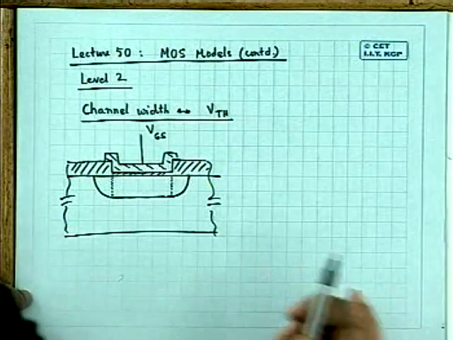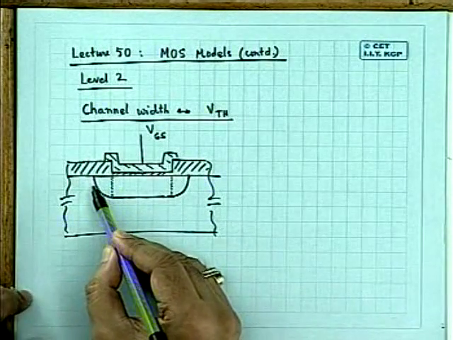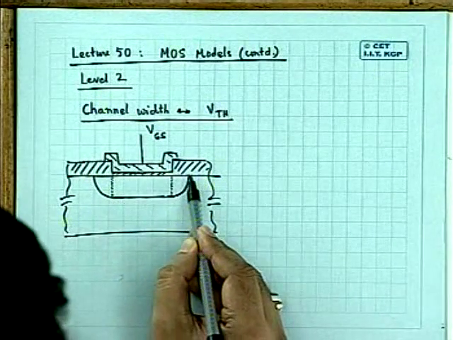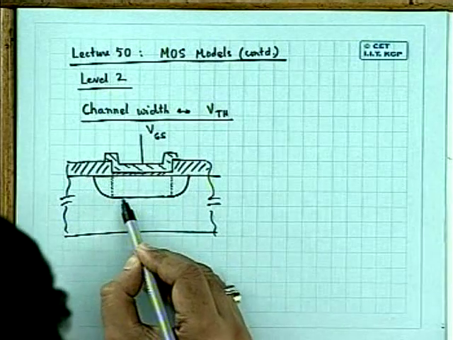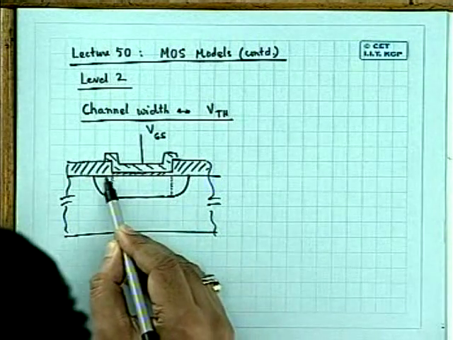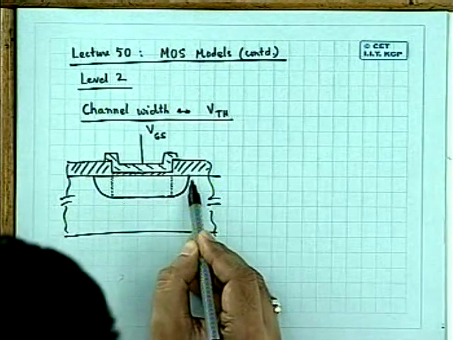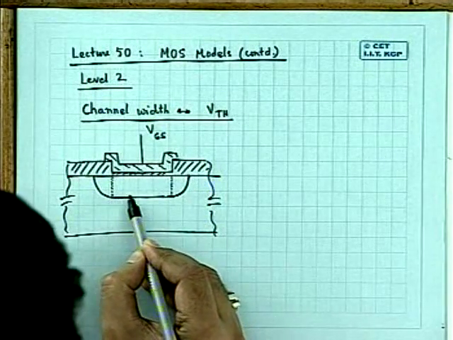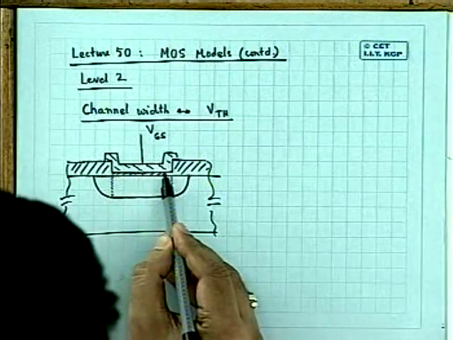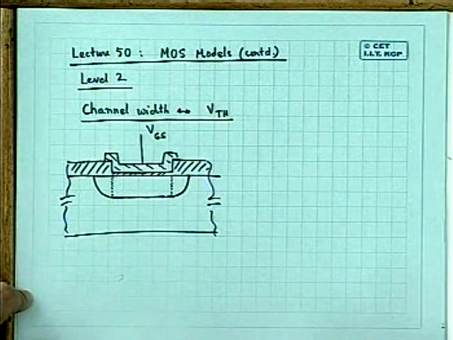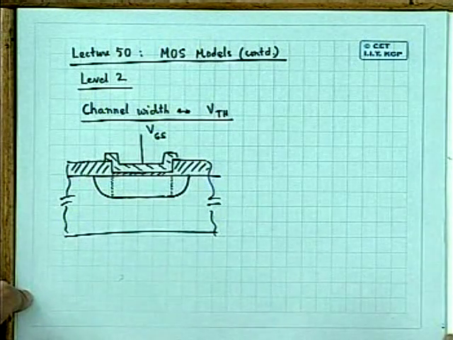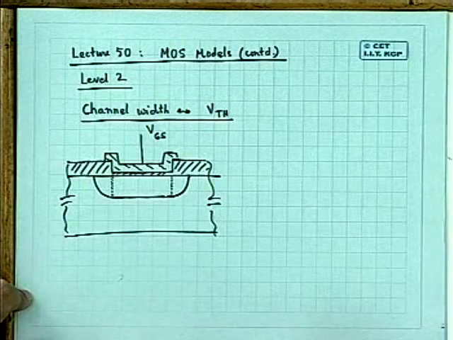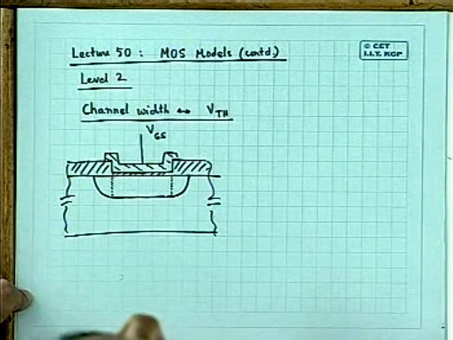So we said that the charge contained in this entire region occupied by the depletion layer, divided by the charge contained in the rectangular region just below the gate, this ratio we call the charge sharing ratio for narrow width effect.